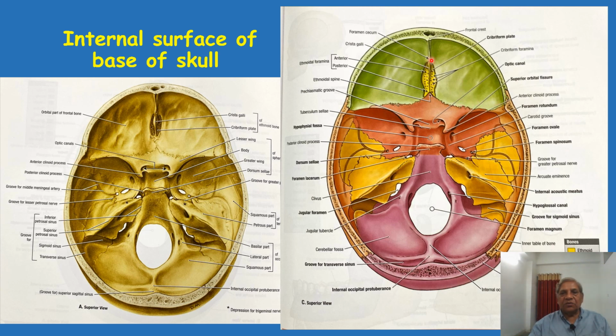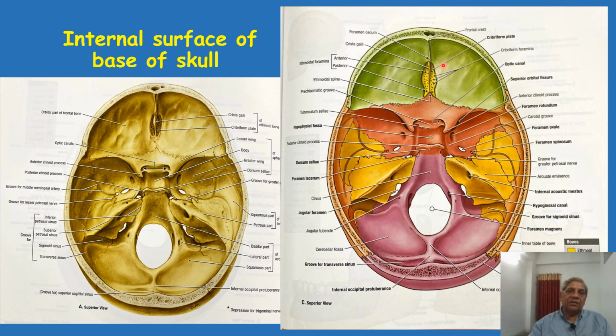Then another question may be there, what is the foramen known as between the crista galli and the frontal crest? This margin which is seen in the midline is the frontal crest, and this is the crista galli. In between the two there is a foramen, which is called foramen cecum.